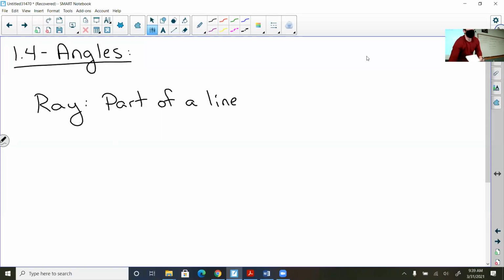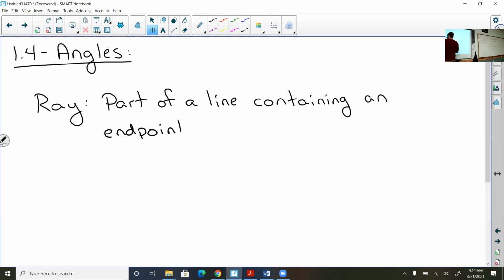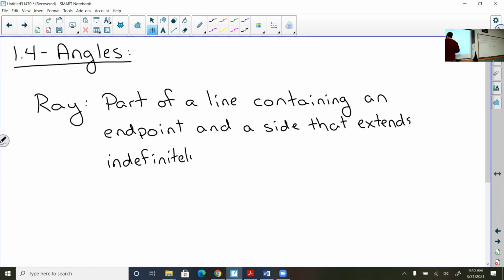All right, now that we're recording, so 1-4 angles, we're starting off with a ray. So it's a part of a line containing an endpoint and a side that extends indefinitely in one direction.